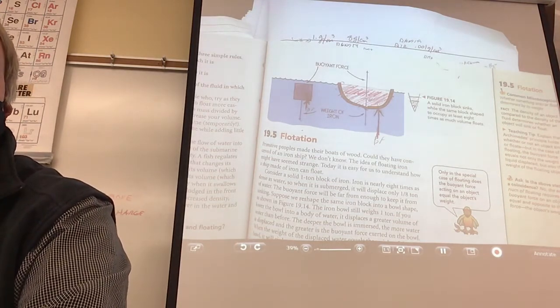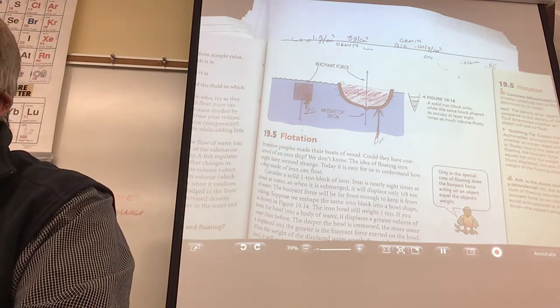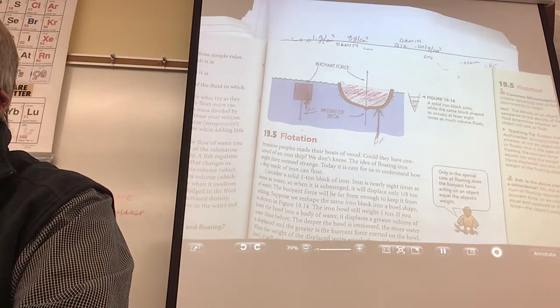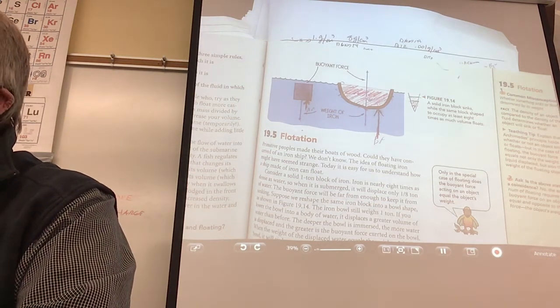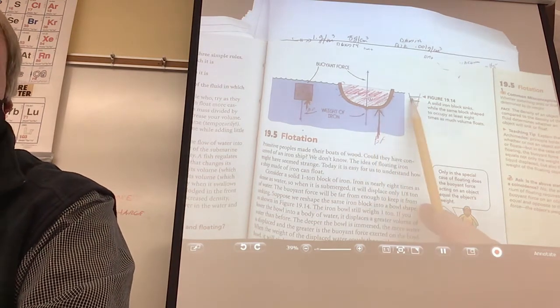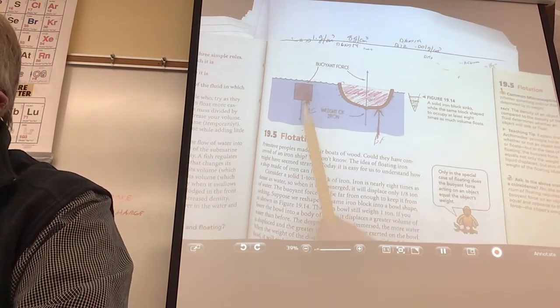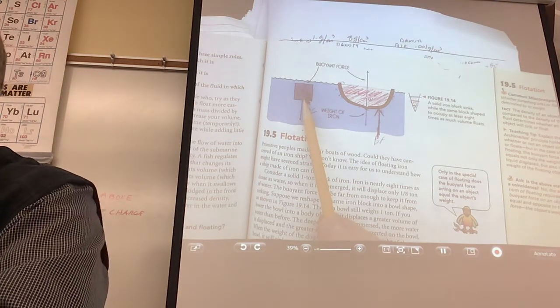Okay, hang on, wait a minute. I don't want you to think that it's air in the boat that makes battleships float. It's not the air in the boat. Now, what I'm trying to say here is, if you had that piece of steel shaped like this, it won't be a very good boat. Why?